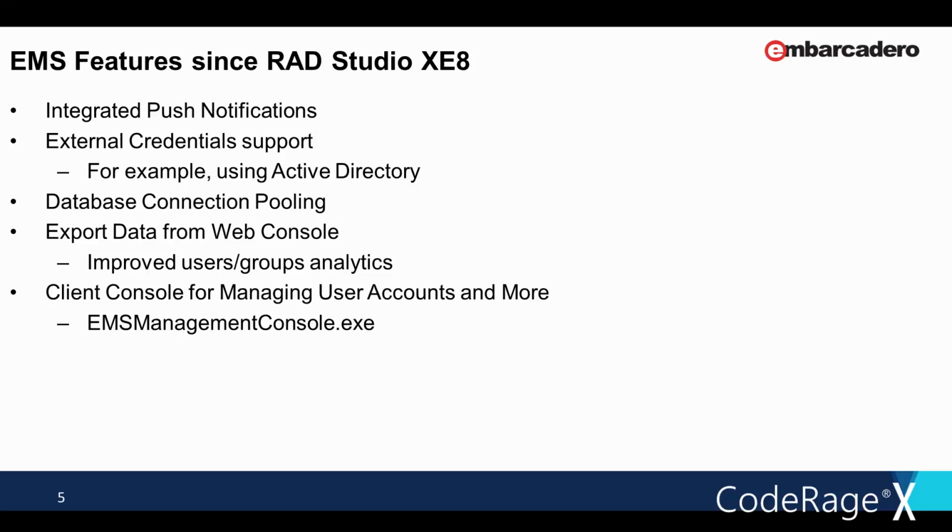We have REST API publishing. We have database connection pooling. We saw that button inside of the EMS console that you can export the data from the web console. So you can have improved user group analytics. And the EMS management console that I showed previously allows me to manage users, groups, installations, push notifications, and more.